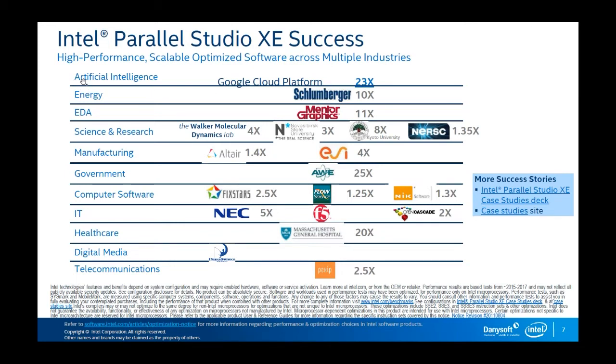But it's not only focused on artificial intelligence. You can find other improvements in terms of acceleration in other areas such as energy, science, government, IT, and so on. So as all the slides include different links, if you are really interested, you can click on the link and go to the sample and check if all these ideas can be translated into your development.